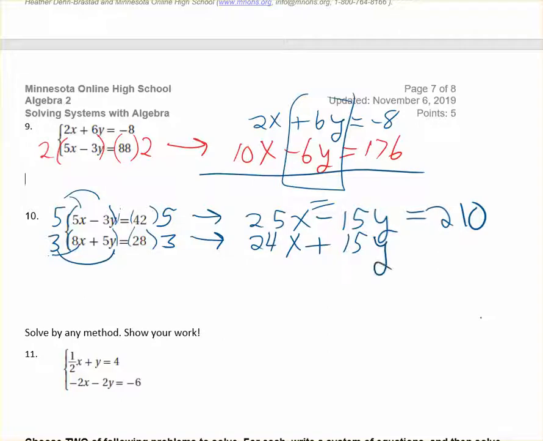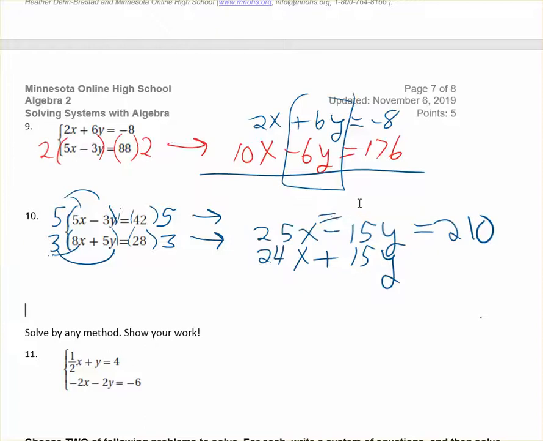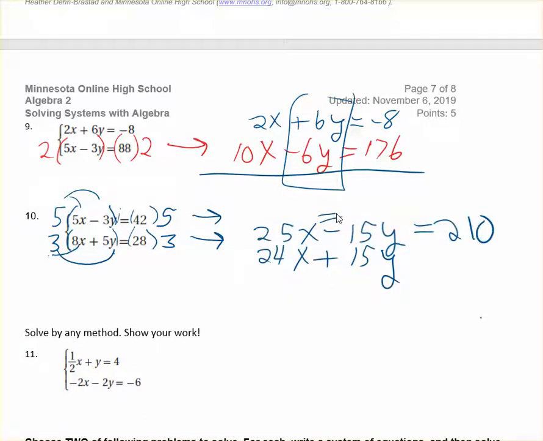So this is looking good because I have minus 15y, and then I have a plus 15y. I was going to move that equal sign from the above problem, but there. Okay, and this is again equal to 28 times 3.